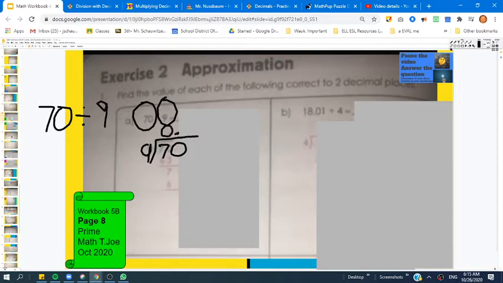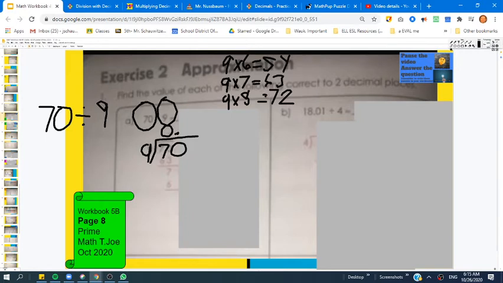9 times what equals approximately 70? Well, I know that 9 times 6 is 54. I know that 9 times 7 equals 63. I know that 9 times 8 equals 72.